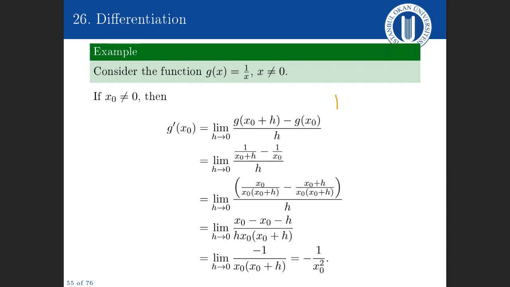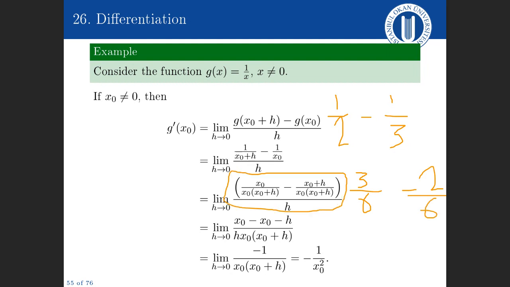And just as at school, when you were taught to calculate, say, a half minus a third, we have to write everything over the same denominator. We have to write this as 3 over 6 minus 2 over 6. So same idea here. I want to write everything over the same denominator. So everything over x0, x0 plus h.